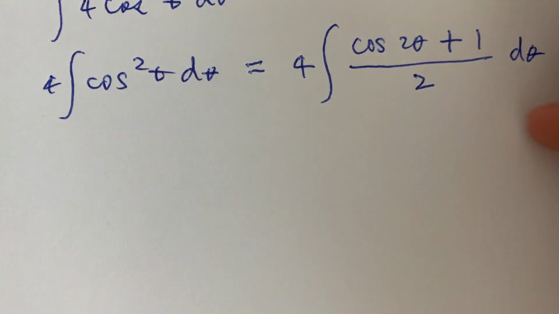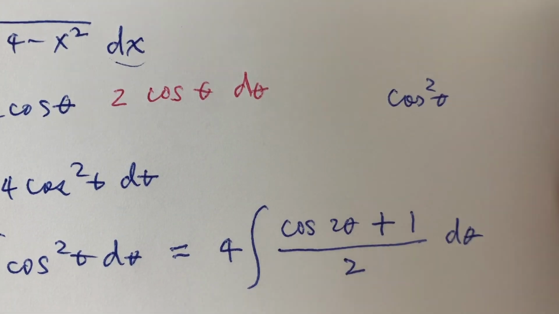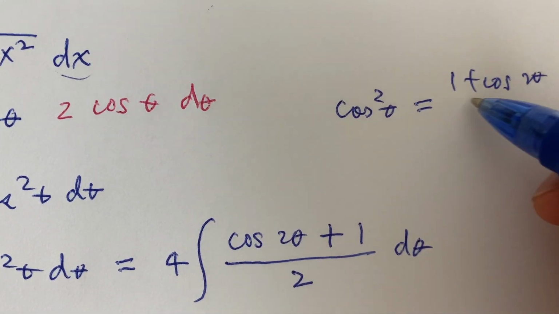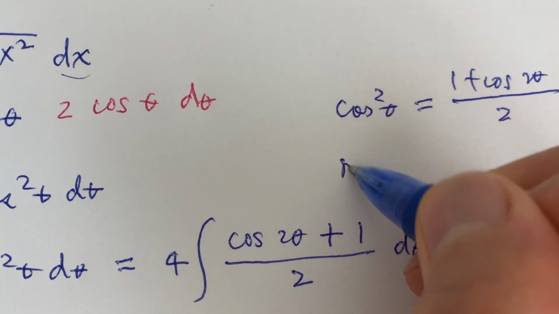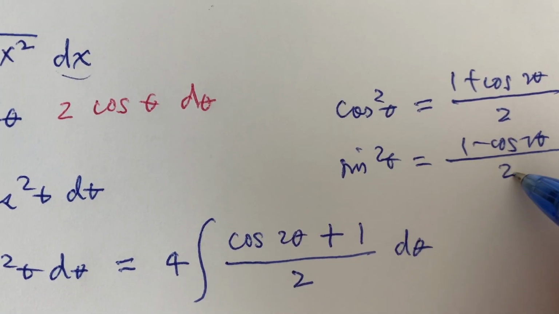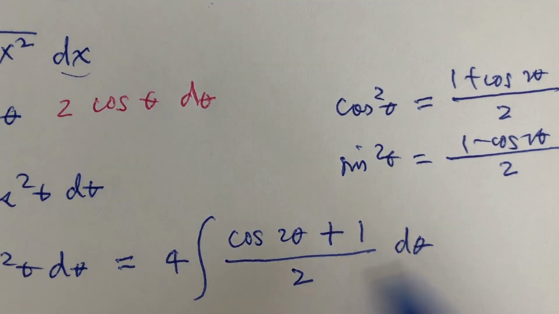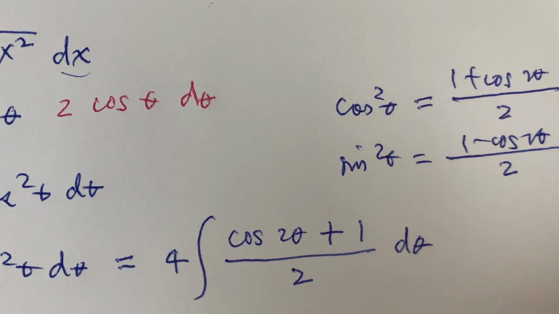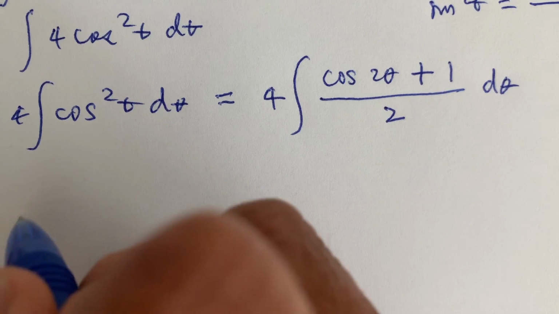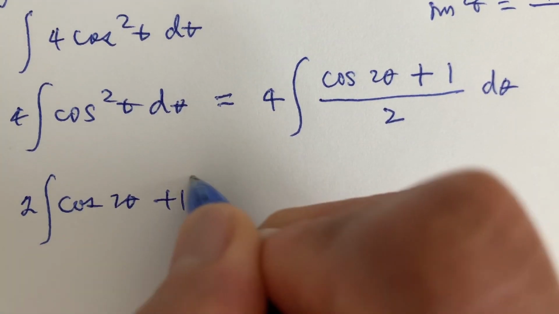There are two of those, okay? Cosine squared theta, let me recall that here, is equal to 1 plus cosine 2 theta over 2. And the other one is sine squared theta, which is 1 minus cosine 2 theta over 2. So whenever you see even powers of cosine and sine by themselves, just like this, that's the time to use those reduction formulas.